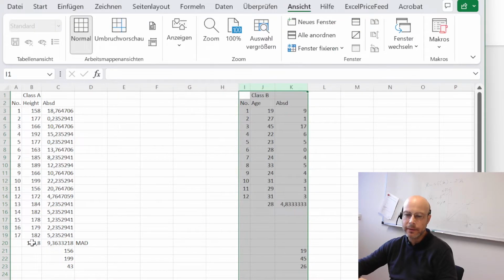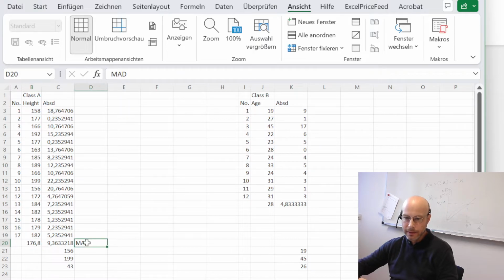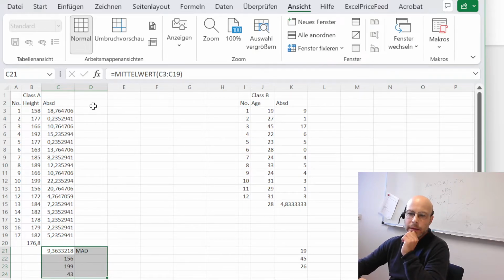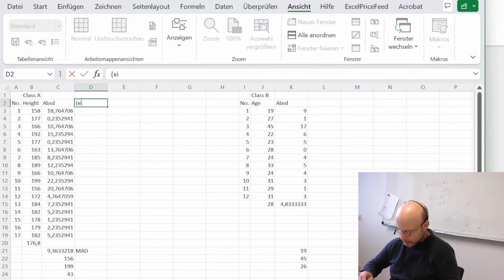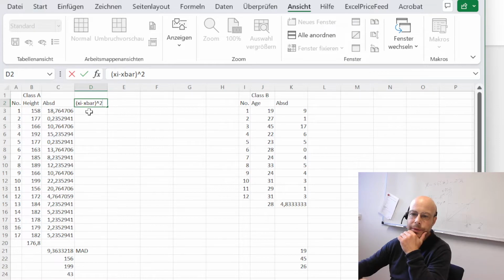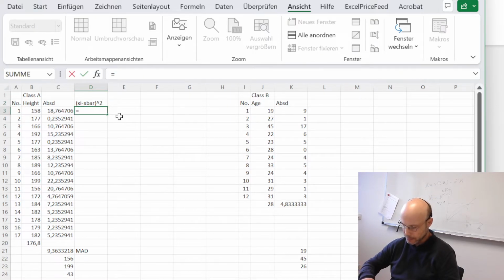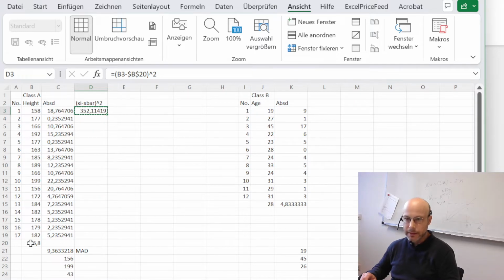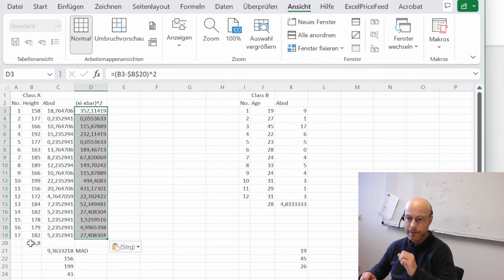Therefore, we have again our arithmetic mean here. I think this has to go one down. So let's write this xi minus x bar squared, so that we know what we are doing. So in this case, equals to xi minus arithmetic mean, fixing with two dollar signs, closing brackets up to the square and going down here.